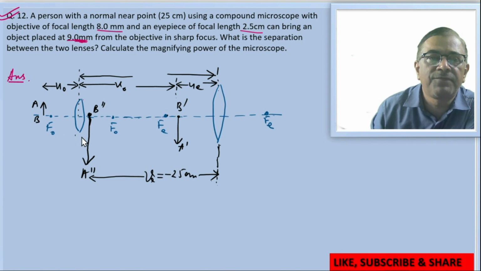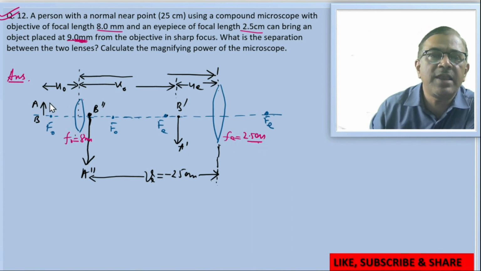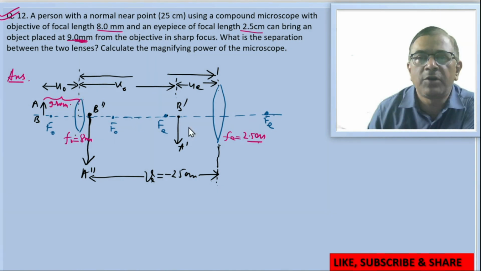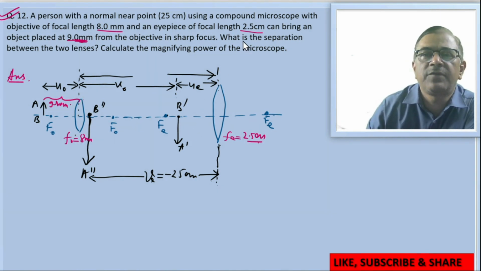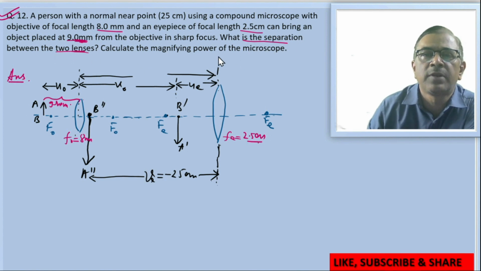So FO equals 8 mm and FE equals 2.5 centimeter. This object AB is placed at a distance 9 millimeter from the objective lens. And what we are supposed to find is the separation between the two lenses and also the magnifying power.